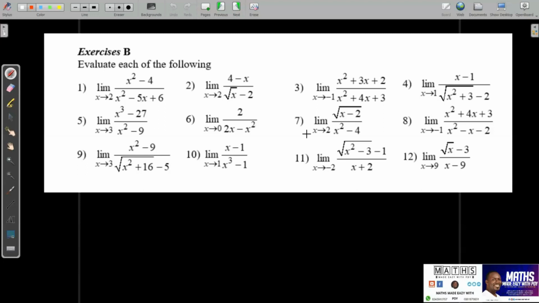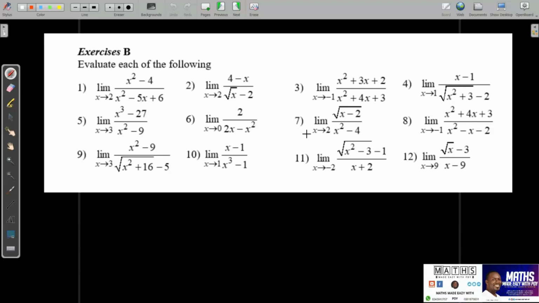It will interest you to know that they don't ask many questions under limits of functions, but it's actually the basics for calculus. So kindly do more worked examples on this, and in our next lesson we are going to look at limits of a function as x approaches infinity, or as the value of x becomes large in a given function.